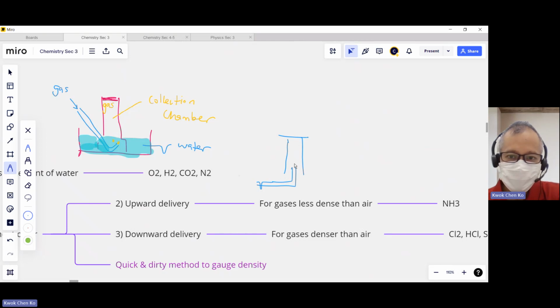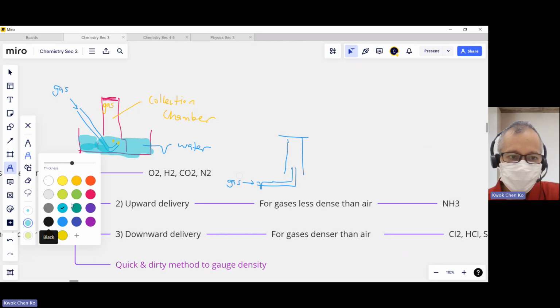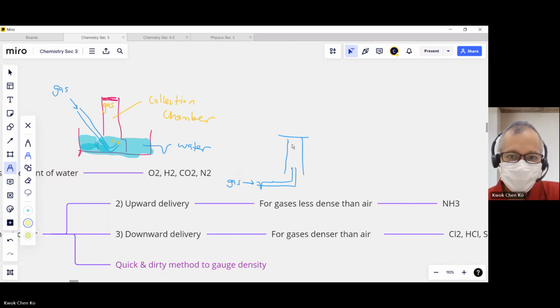Okay, so this is upward delivery. And of course, the important thing is your gas has to be less dense than air in order to float up to the top here.